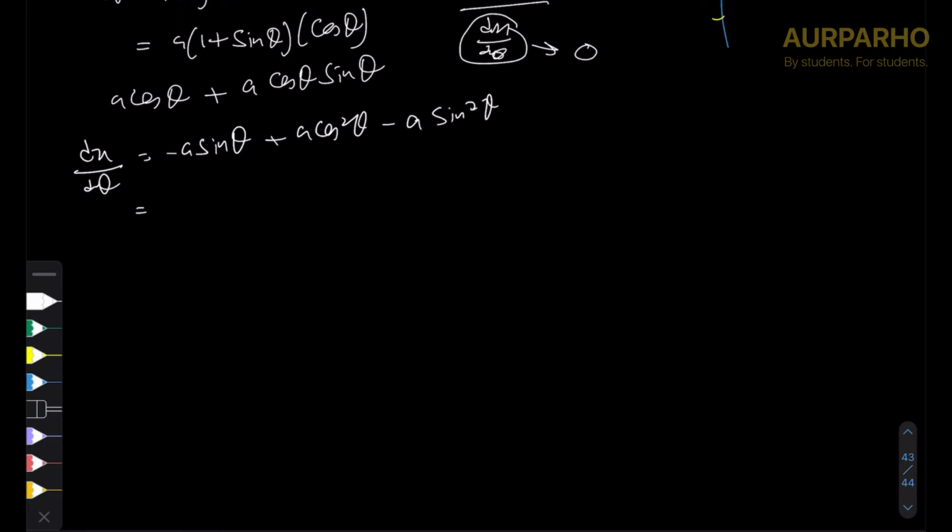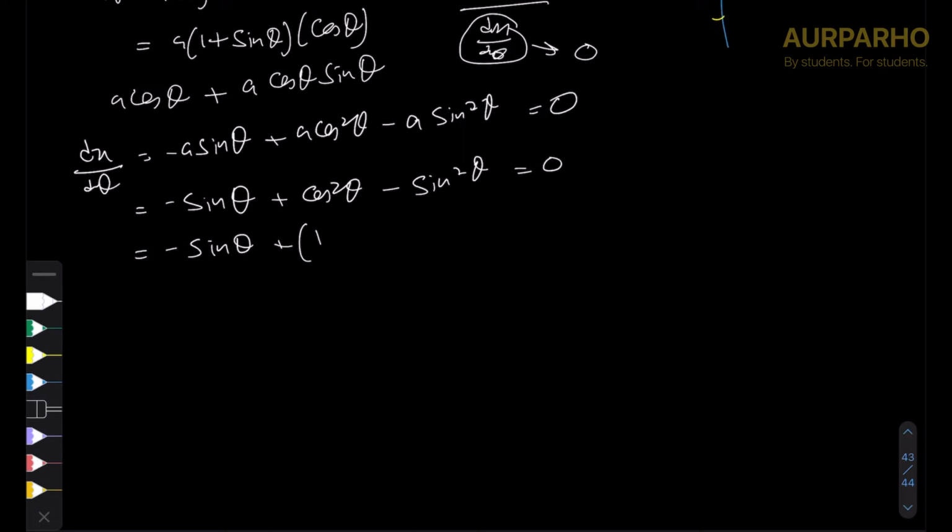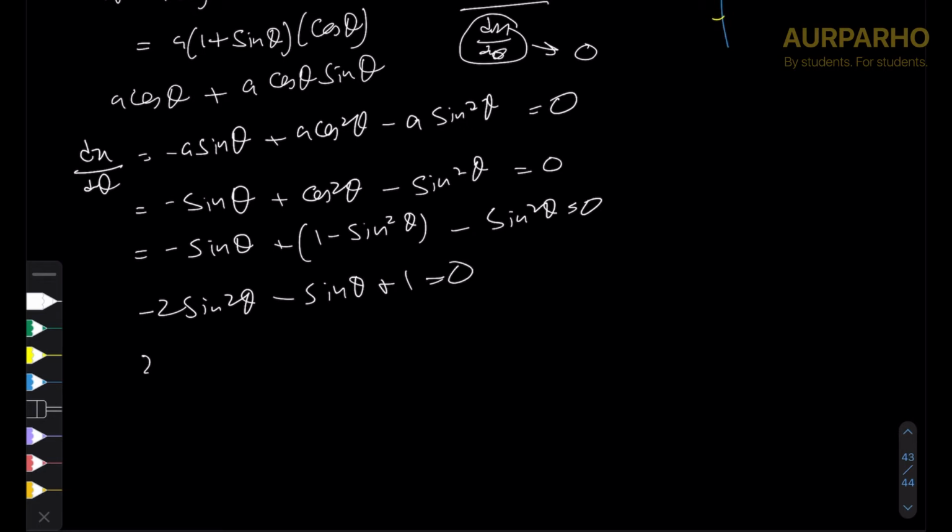Okay, so actually let's get rid of the a's first because we set this equal to 0. Let's take a common. So negative sine theta plus cos squared theta minus sine squared theta, yeah, missed a minus sign there, equals 0. So let's convert all of these into sine forms. So 1 minus sine squared theta minus sine squared theta, right? So this becomes minus 2 sine squared theta minus sine theta plus 1 equals 0, right?